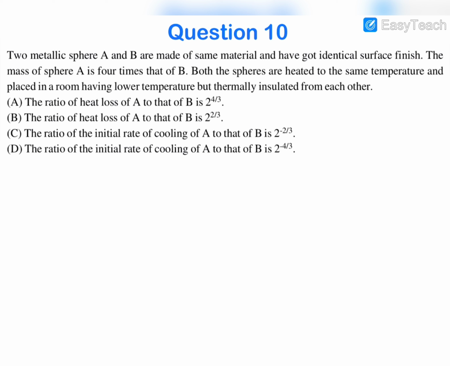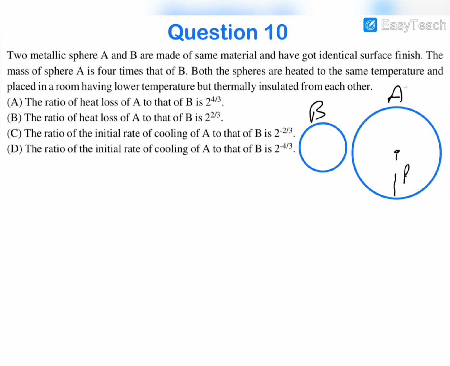And obviously, let us suppose this is A and this is B. The mass of sphere A is 4 times that of B, so obviously this would be A and this would be B, and this is RA and this is RB.